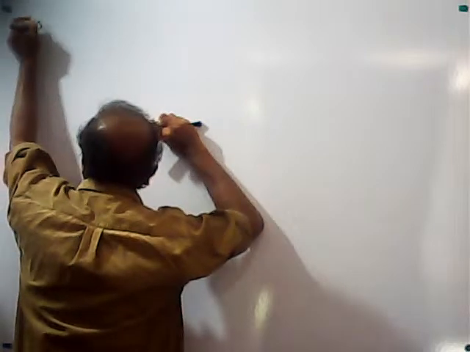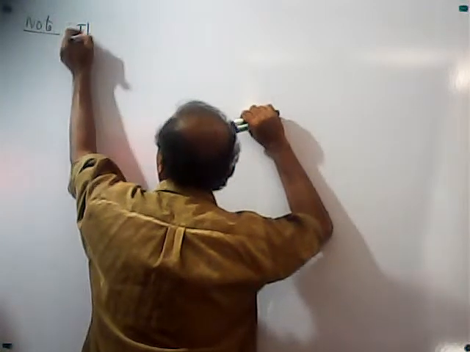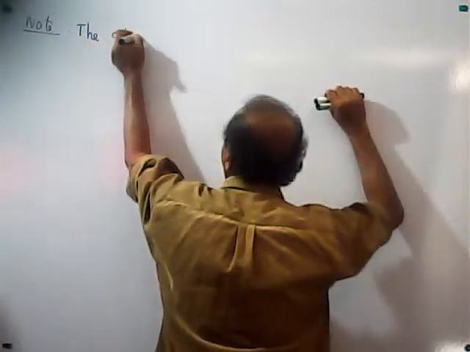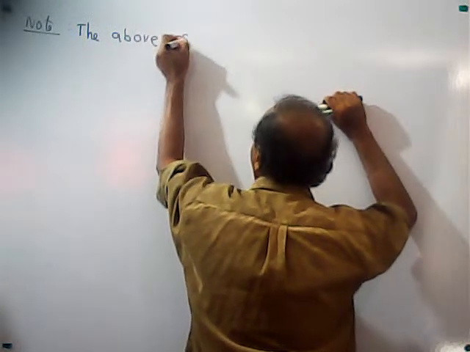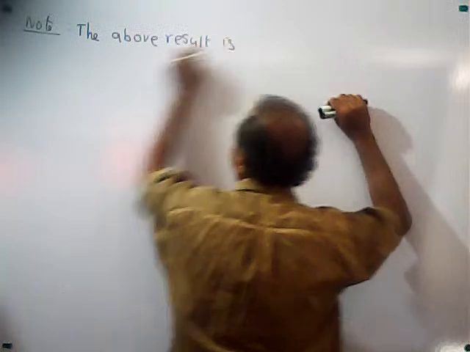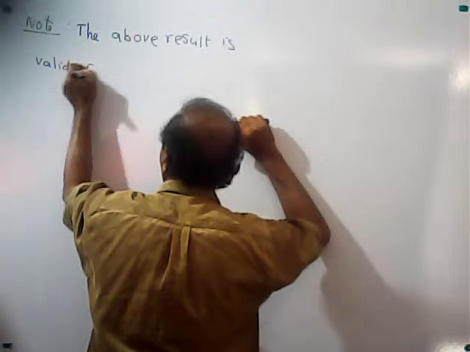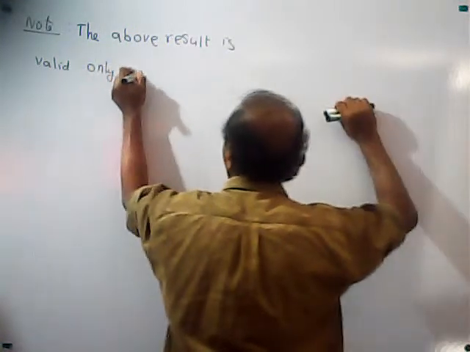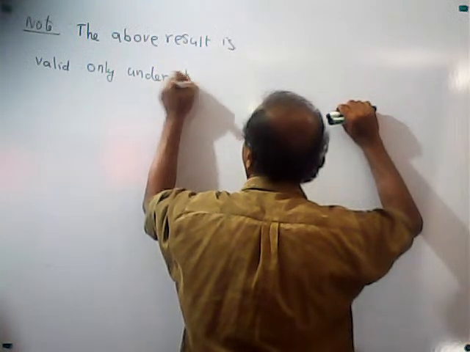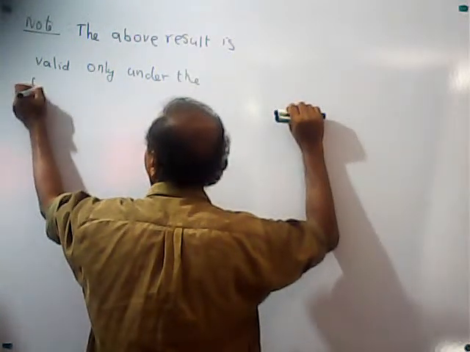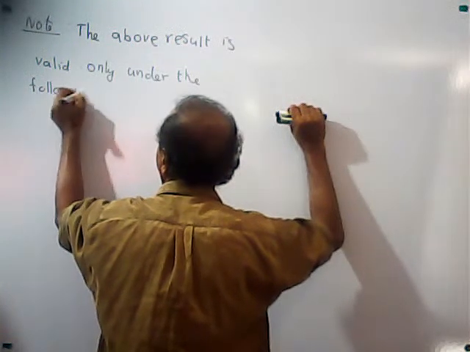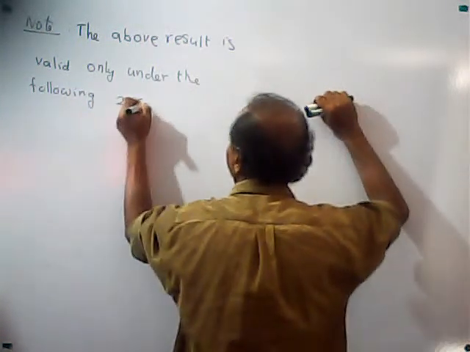Note. මේක අධිකර ලියන්න වෙනවා, with examples also. මම ලියන්න ඔබ copy කරගන්න. The above result is valid only under two conditions.